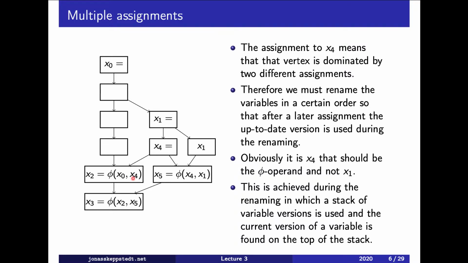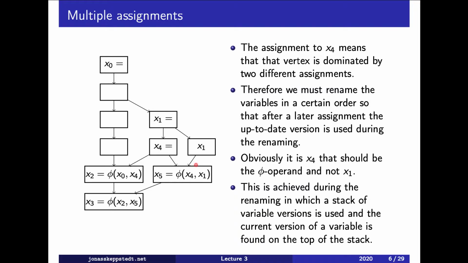replace the operand x with x4 at the appropriate position in this argument list. So in this case, there are 2 predecessors and there are 2 arguments, so we put x4 there. Here we put x4 in the first, since this is the first predecessor.